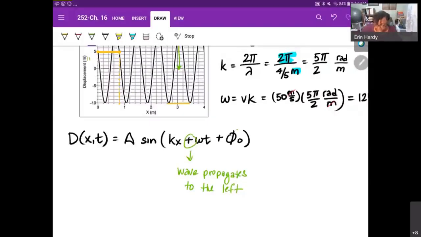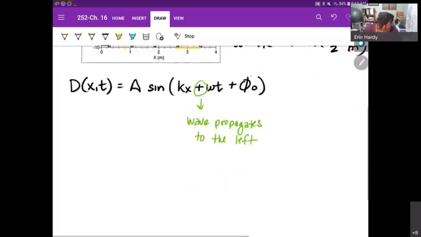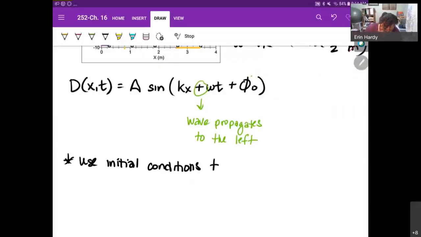Okay, so our k value we've calculated, our omega value we've calculated, we measured A. The last thing to deal with is this phase constant phi naught. So what we need to do to determine phi naught is to take a look at the initial conditions. Use initial conditions to find our phase constant.